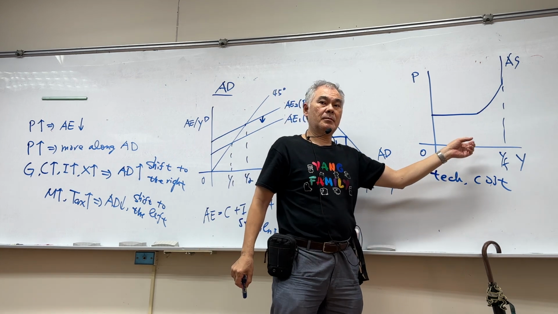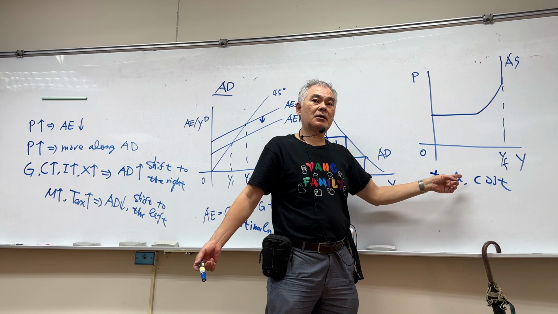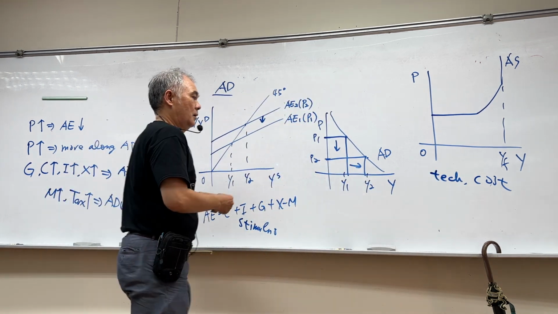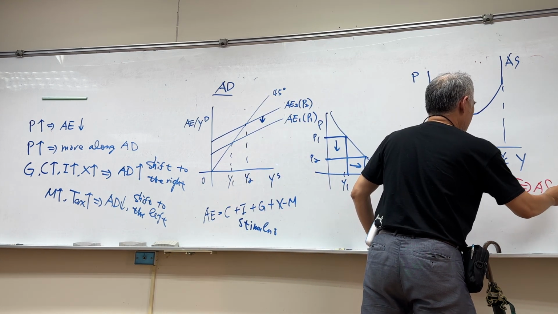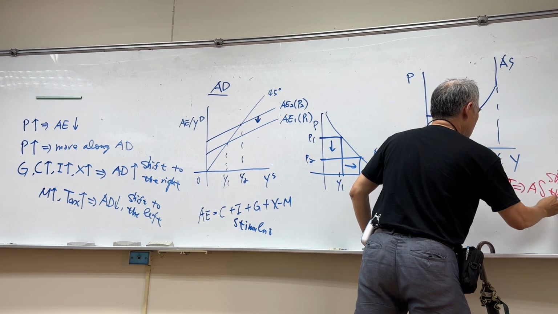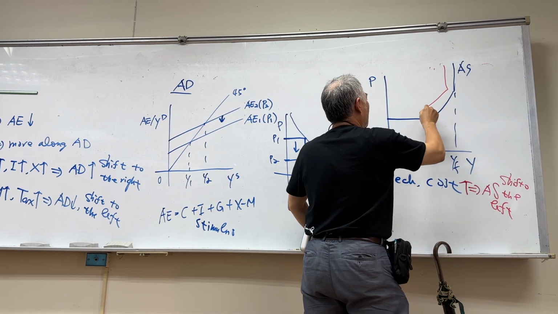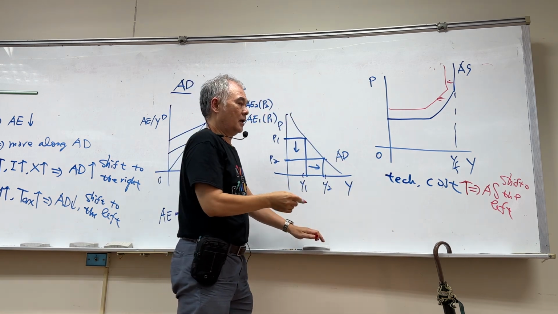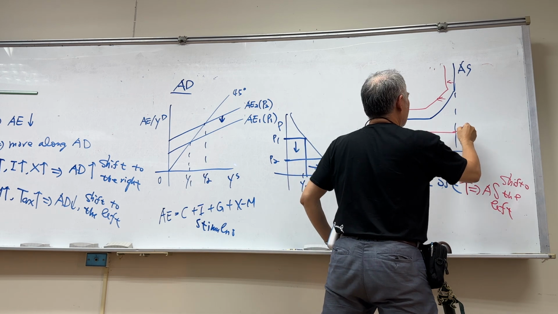If cost goes up, the same thing as in microeconomics, the aggregate supply curve shifts to the left. And if technology goes up, what happens? It shifts to the right.